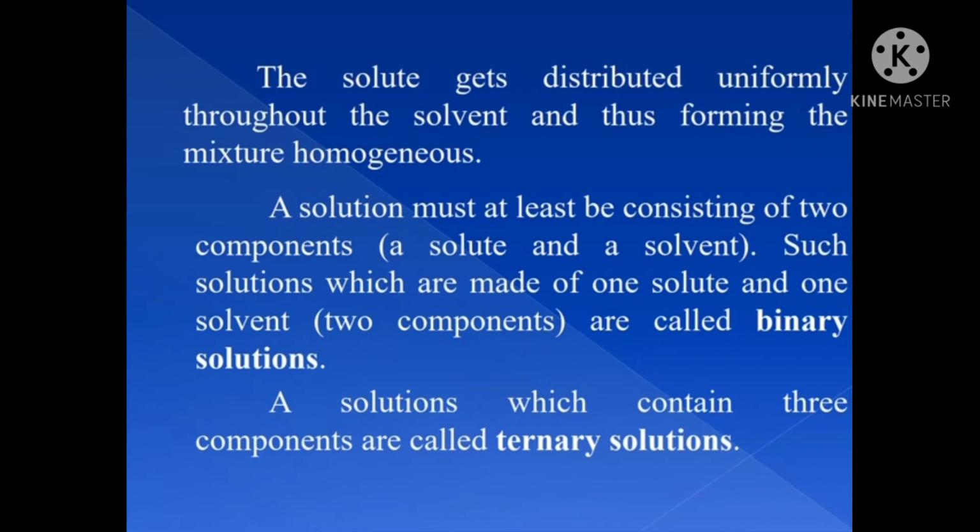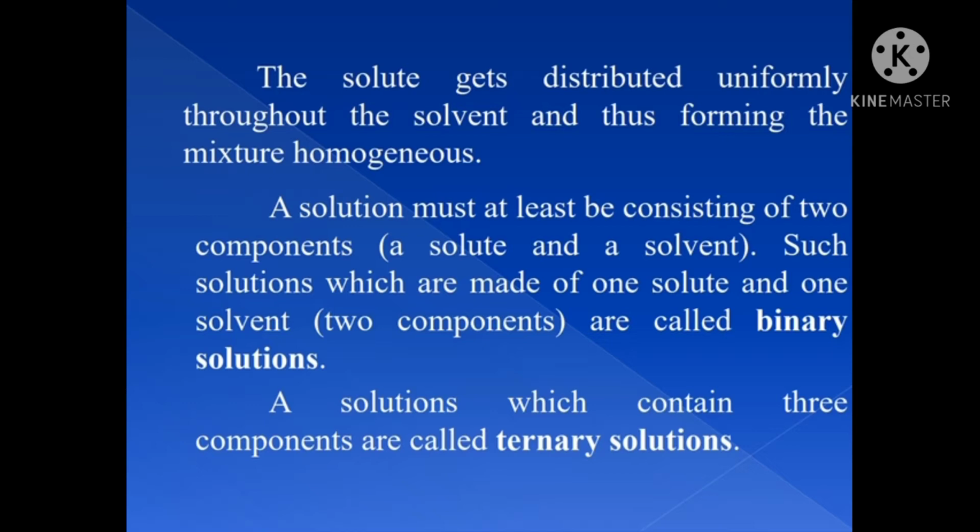So, solutions are a part of our day-to-day life. They consist of two components, one is solute, another one is solvent. These two, solute and solvent, combine to form a solution as a homogeneous mixture.